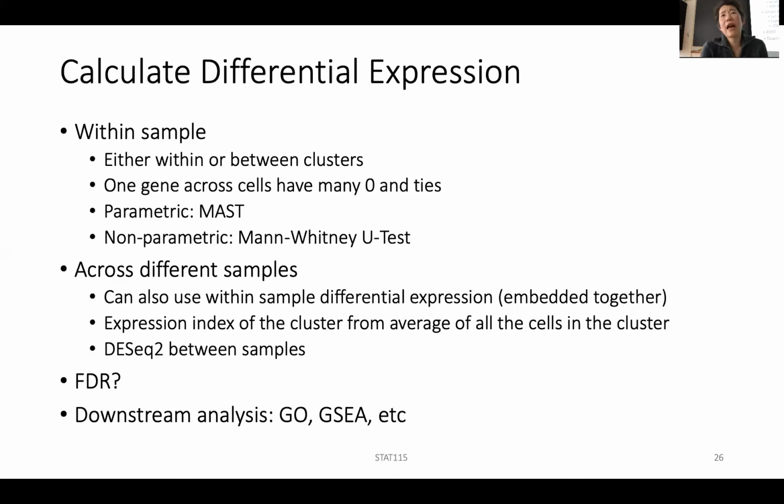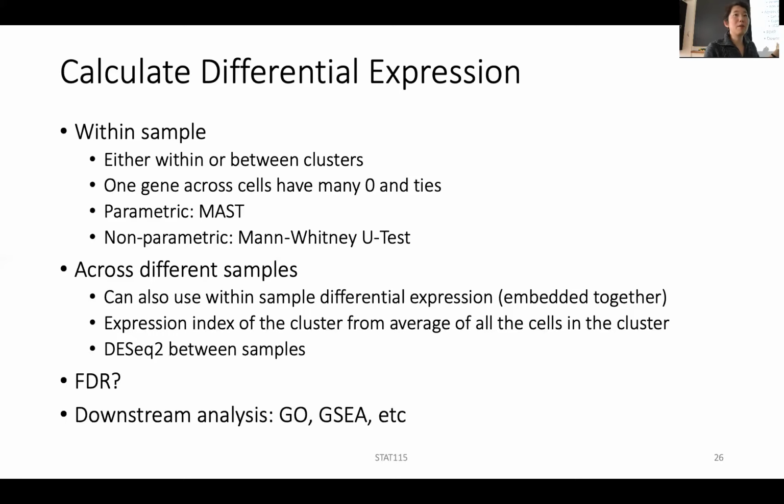That's actually pretty accurate. This is almost like a bulk. It's called pseudo-bulk because you merge all the single cell data in the same cluster to form that bulk. And then if you have multiple samples, you can get the expression level of this cluster from every sample, and then you can compare your treatment and control across the multiple samples. Then you'll use DESeq as before, right?